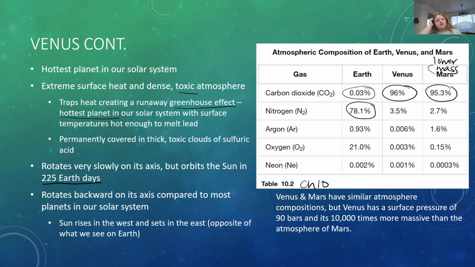Its rotation is actually pretty interesting because it rotates backwards on its axis compared to other planets in our solar system. So on Venus, the sun rises in the west and sets in the east, versus what we see on Earth, the sun rises in the east, sets in the west. So that's something pretty interesting on Venus.